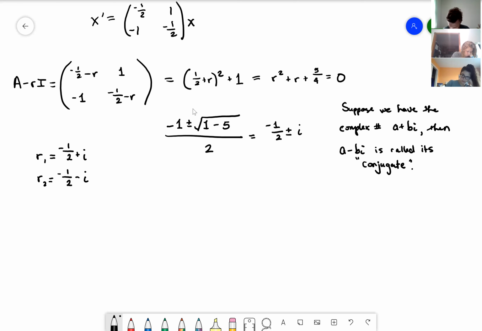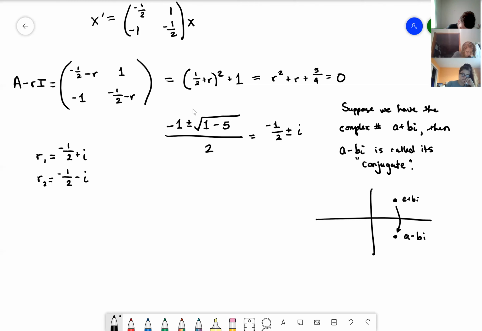So these are just pairs of complex numbers that are associated to each other. If we look at them on the complex plane, then we have a plus bi here, then a minus bi is this reflection across the real axis. So if we take this complex plane and flip it around the real axis, then everything gets switched with its conjugate.